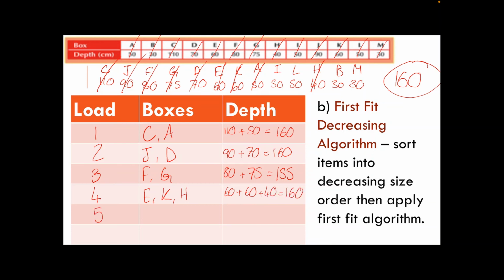Then load number 5, we've got I and L, it makes 100, and B and M. So 50 and 50 plus 30 plus 30 is 160. So you can see here that we don't even need our last box. This time 5 loads was the maximum. So for this example, the first fit decreasing algorithm is actually better for us. We can fit more into less loads.